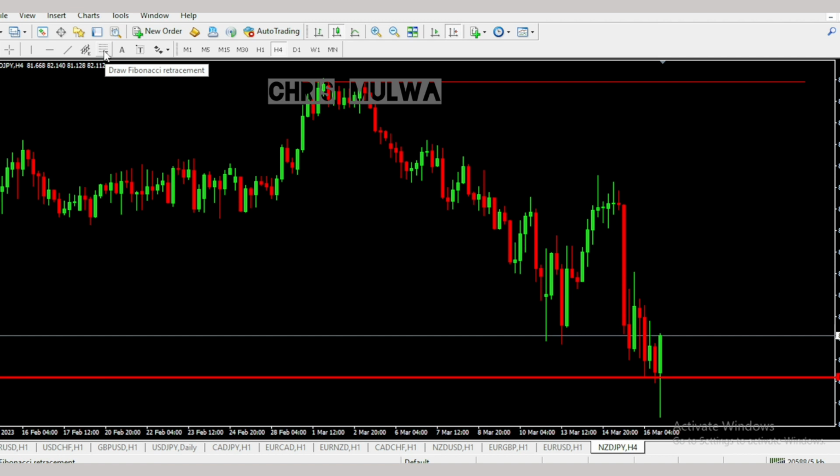I'm using MT4. So I come to my MT4 platform. There is this icon marked F, and it has some dotted lines. So there is a Fibonacci retracement. Now you want to attach Fibonacci retracement to show the levels of retracement.